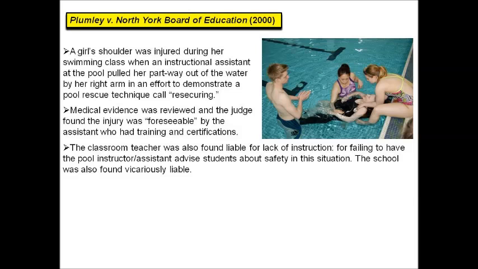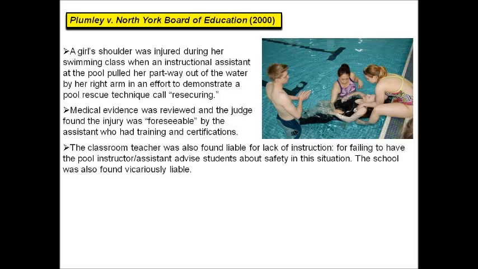So even though the classroom teacher was not in the pool, wasn't any kind of expert in swimming or anything, and that's why they handed it over to the swimming instructor, the classroom teacher was nonetheless found negligent for the actions of the swim instructor who had the expertise. Why? Well, for failing to have the pool instructor or assistant advise students about safety in this situation.